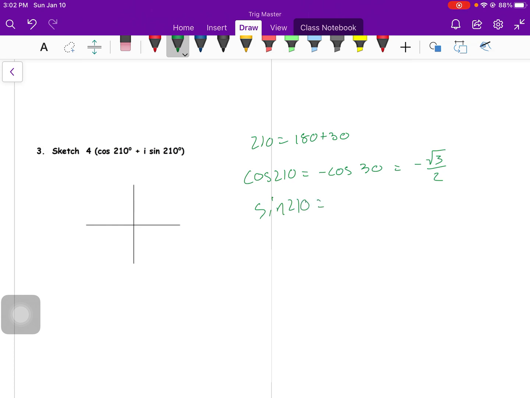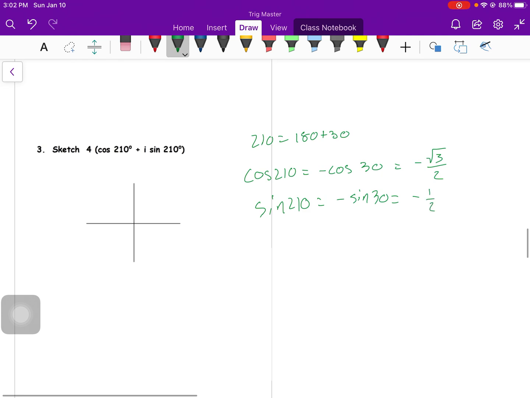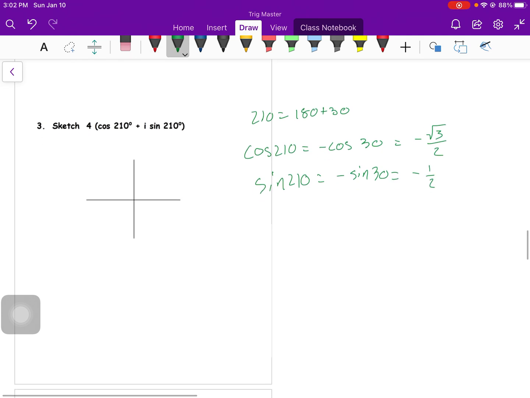Sine of 210 is going to be negative sine of 30, which is going to be negative 1/2. So now I have 4 times negative square root of 3 over 2 minus i over 2. Which is negative 2 square root of 3 minus 2i.